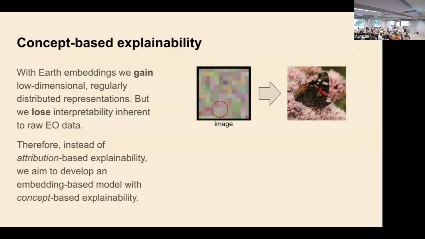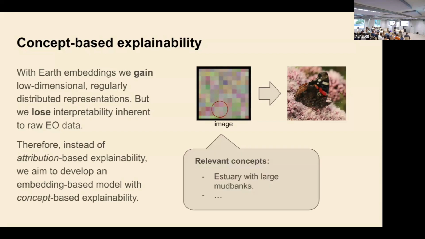So we gain performance, but we lose interpretability. And so what we would like is, instead of attribution-based explainability, to develop concept-based explainability. What I mean is that we want to be able to read out from a kind of bottleneck in the network what are the relevant concepts that led to this prediction.